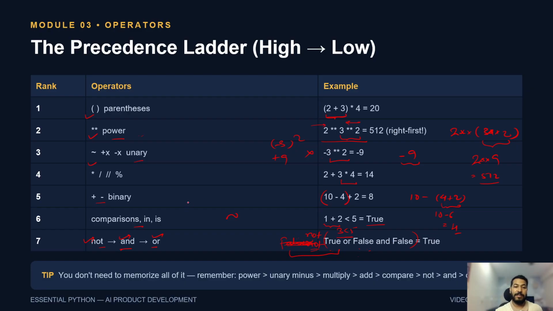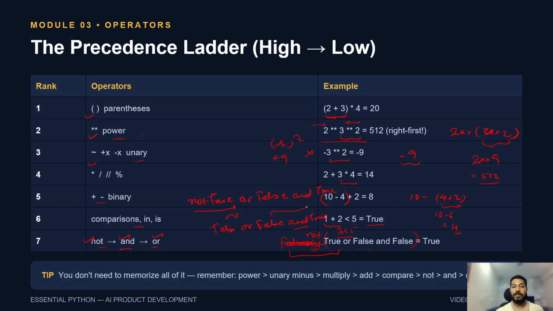Or it's like not of true, then or of false, then and true. Then not will be computed first, it will become false like that, and then it will become or false and true, then and will come into the picture.